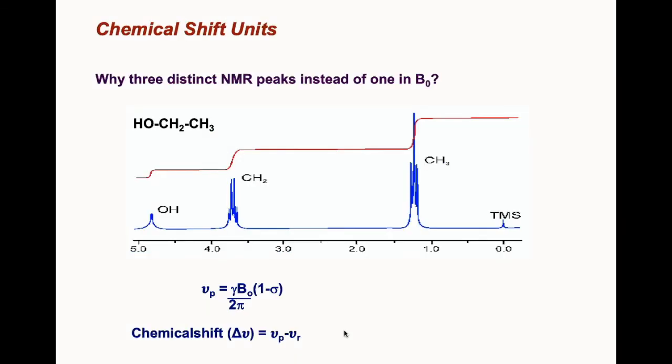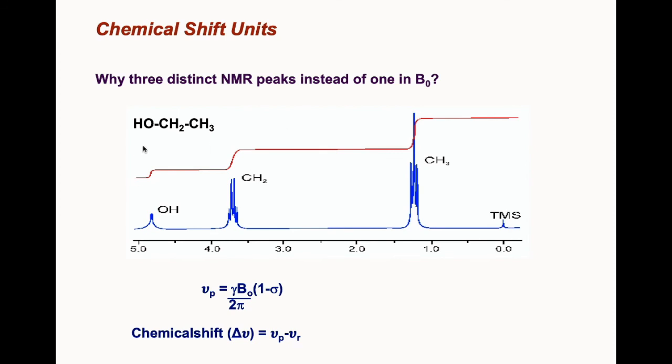Well, this is the right time for me to introduce the units of chemical shift in NMR spectroscopy, for which let me take the example of the ethanol molecule, and this is the ethanol NMR spectrum. Ethanol consists of 6 protons, and these 6 protons are arranged into 3 different types of protons.